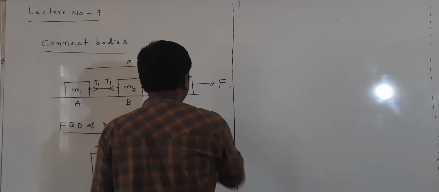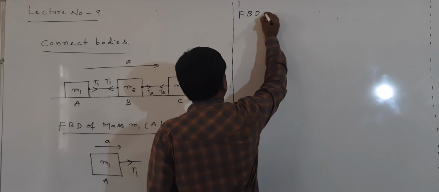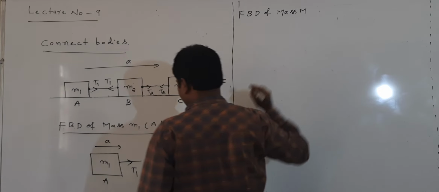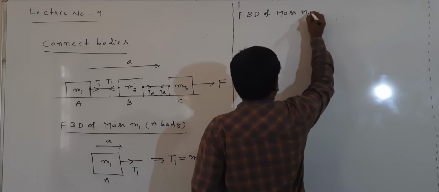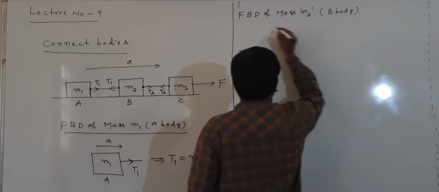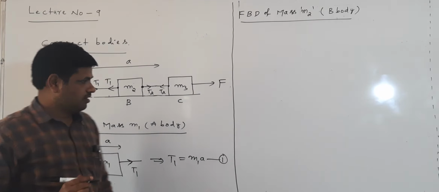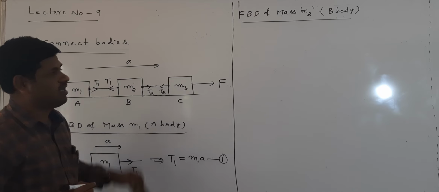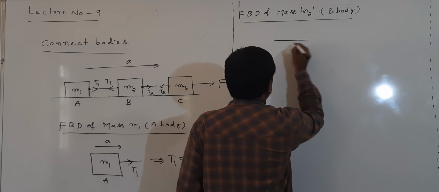Now next we write the free body diagram of the B body, mass M2. Which body is mass M2? B body I am considering. Now consider the B body here.